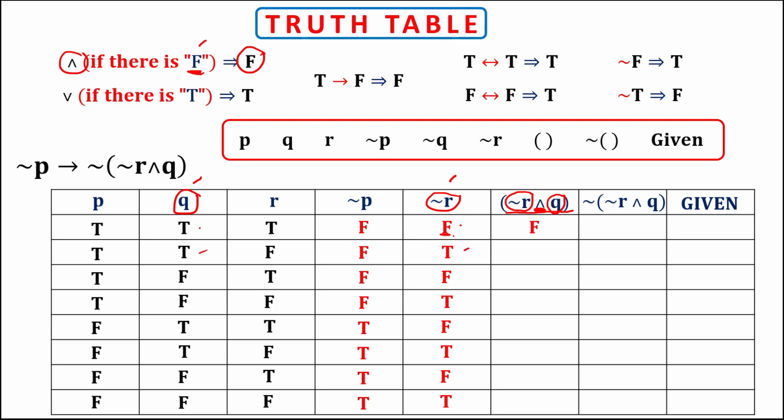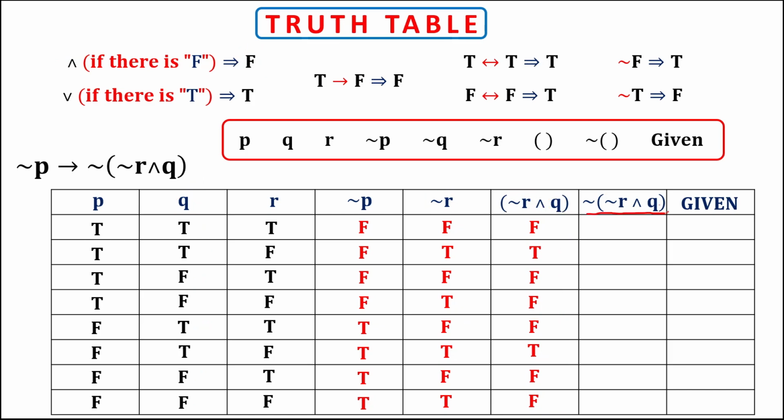Then there is no false, so this one is true. There is an F, so this one is false. There is an F, so this one is false. There is an F, so this one is false. This one is true. Then false, so this one is false. There is false, so this one is false. So these are now the values for this column.